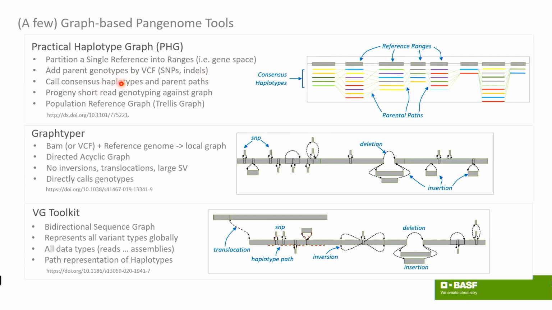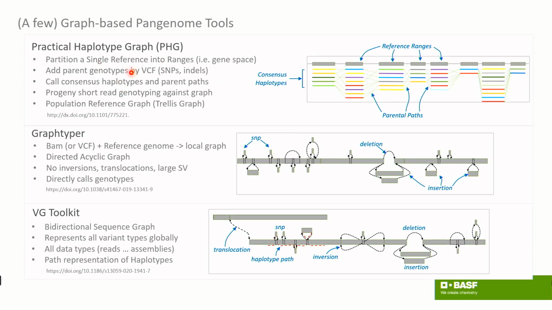They call consensus haplotypes and link those through the graph with parent information, calling parental paths. And then you can genotype progeny against this graph with short reads, and the database will impute the best possible path through the database.